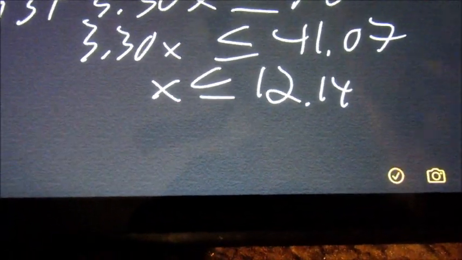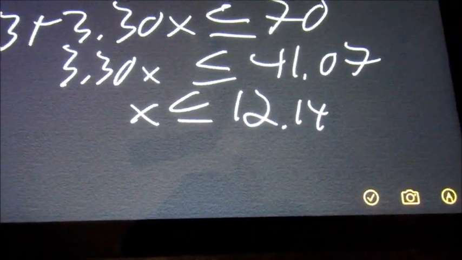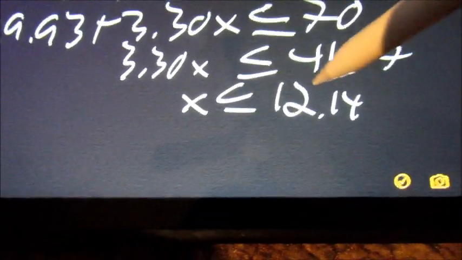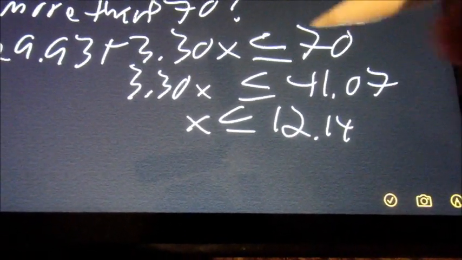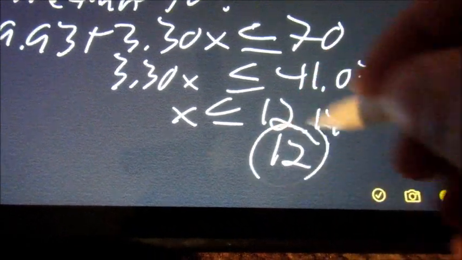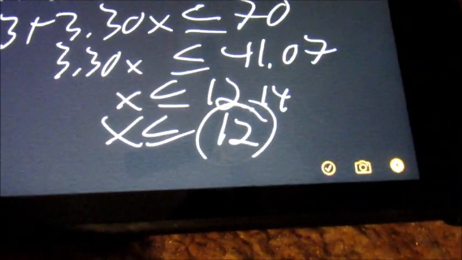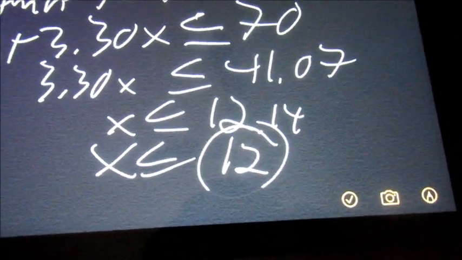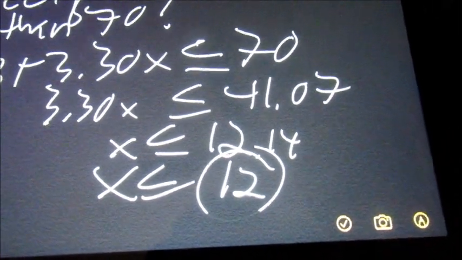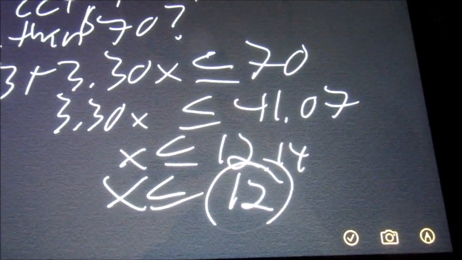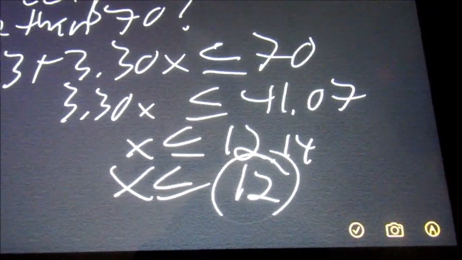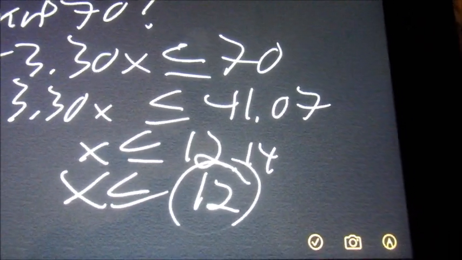Now in this case, we have to have a full unit, and so we have to round this one down to 12. Even if we had 12.9, we have to round down to 12 because we can't have anything more than $70, and we have to have a full unit here.